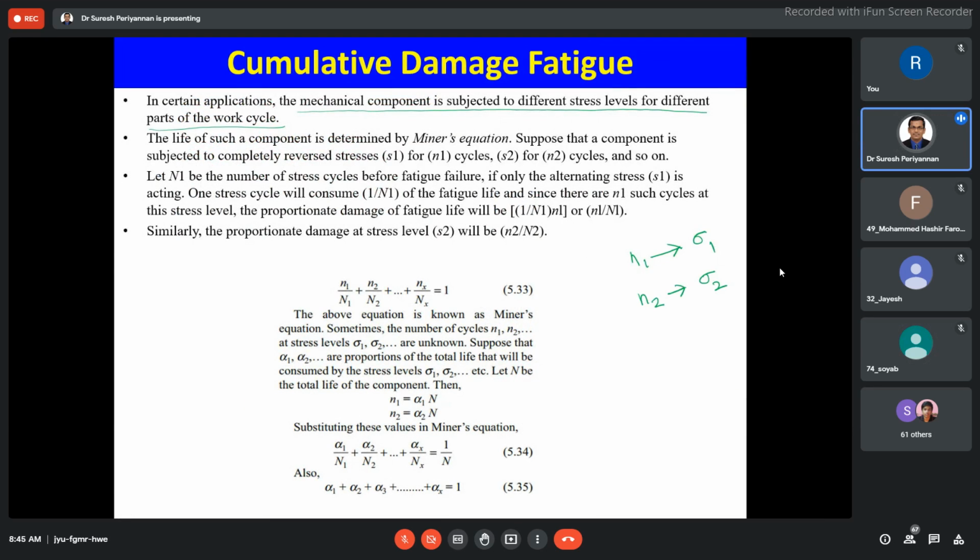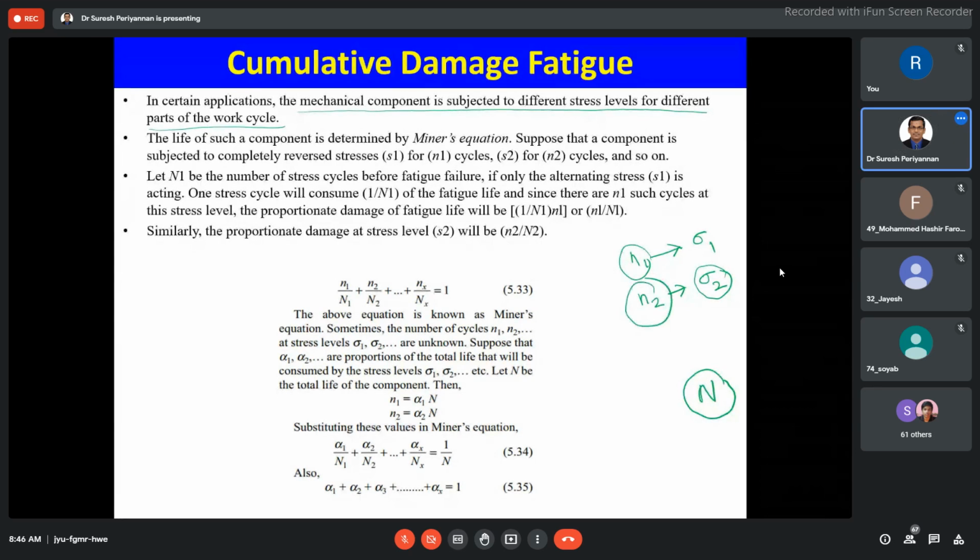We cannot say that all components are always going to have the same stress, sigma 1 or sigma 2. In the total lifetime, capital N, the component may be subjected to sigma 1 stresses for n1 cycles, and the same component may be subjected to sigma 2 stresses for n2 cycles.